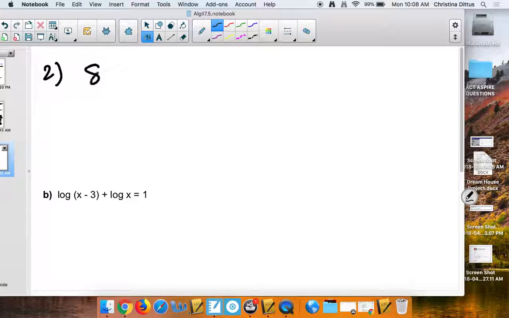We got 8 log x equals 2.4. Yeah, I made that up. So there's some like these in your homework that are easier. Okay, is my log by itself? No. How would I get it by itself? Divide by 8.